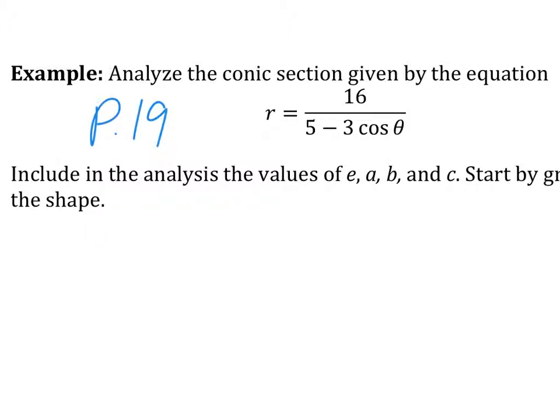All right, so what we're going to do now is analyze this conic section, or actually we are going to turn this polar equation into rectangular. So we're going to change from r theta into xy. There are 2 ways you can do this.